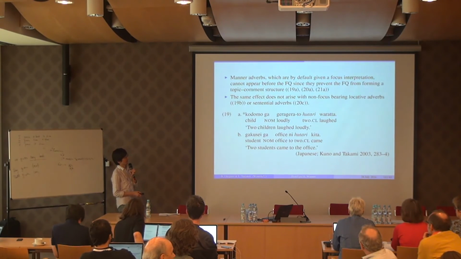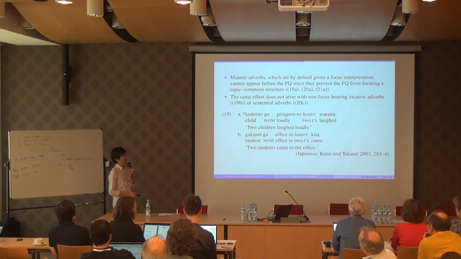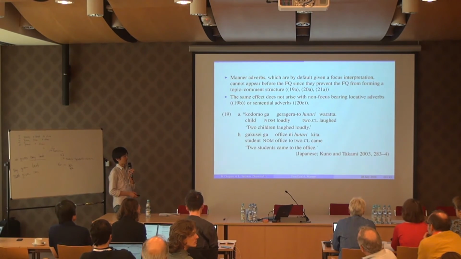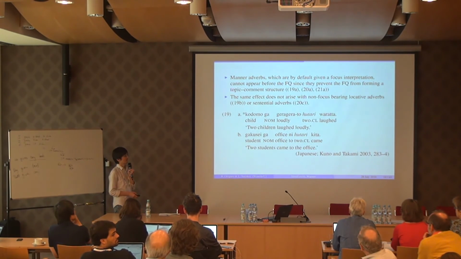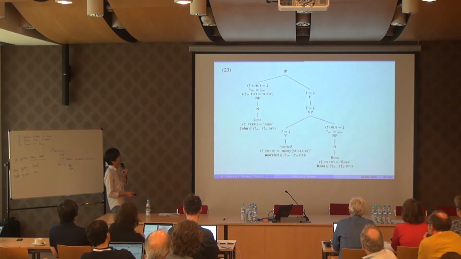There are tons of examples where a ga-marked subject can be a topic, or an o-marked object can be a topic. I don't see any reason to add wa obligatorily to the topic constituent in Japanese. Right. So how do you define topic? As I said, there are many strategies to define the values in the structure.